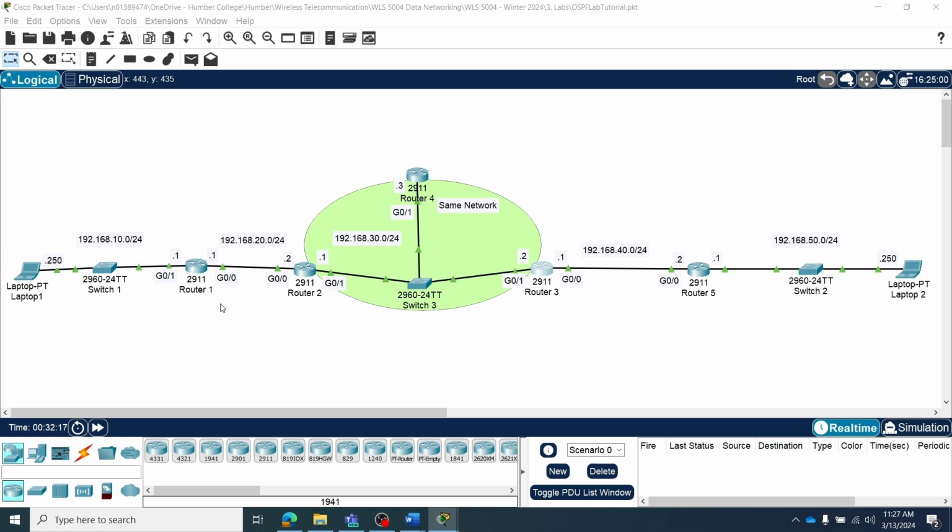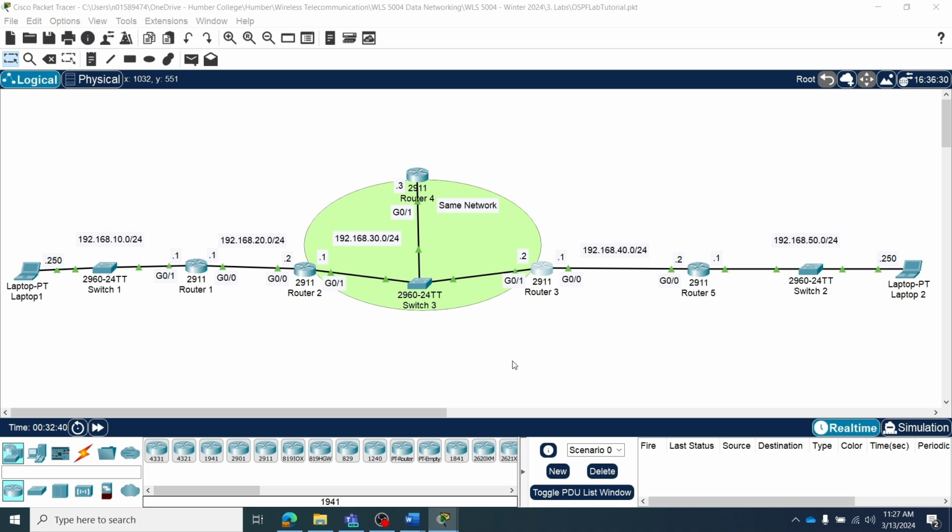So now, for a packet to get from laptop 1 to laptop 2, router 1, router 2, router 3 and router 5 should know about the 192.168.50.0 network. But router 1, router 2 and router 3 don't know this network.